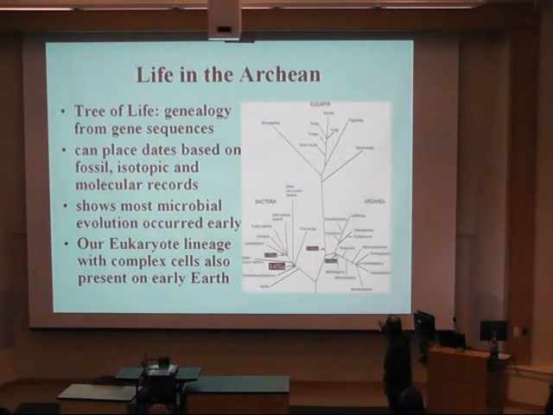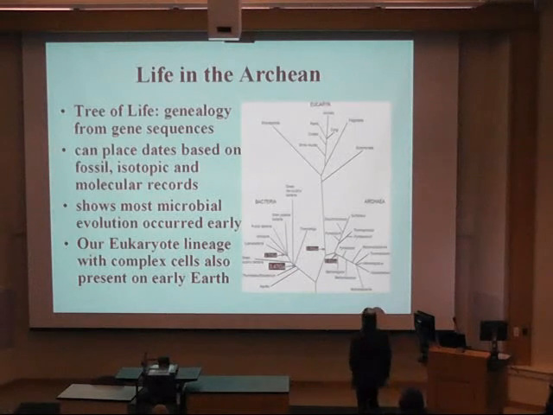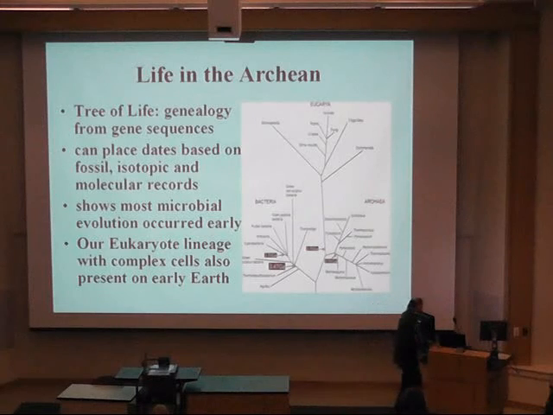Cyanobacteria by 2.7 billion. Methanogens by 2.76. All those things over this side are methanogens. And at least somewhere on this branch of the tree, ultimately leading to you, by 2.7 billion years ago.